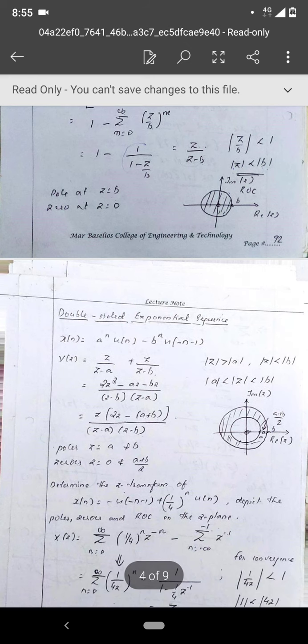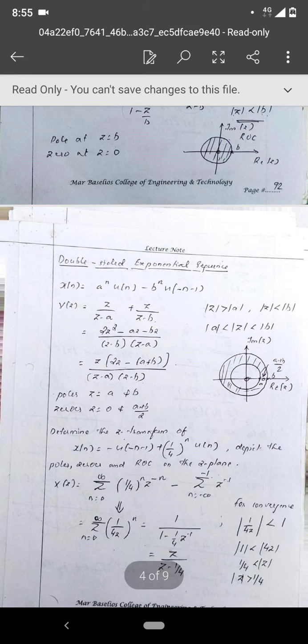Here the circle has the radius b, and the ROC will be within a circle with radius b. Also, in z by z minus b, there is a 0 at the origin, that is z is equal to 0, and there is one pole, z minus b is equal to 0, that is z is equal to b. There is one pole at b.